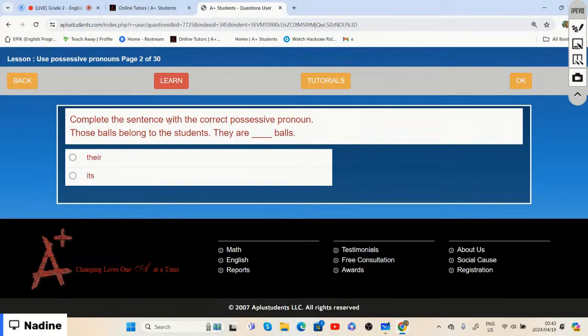Do we say they are their balls or its balls?